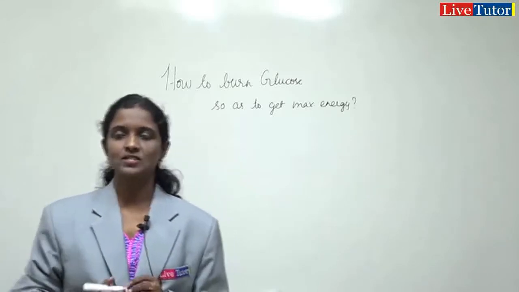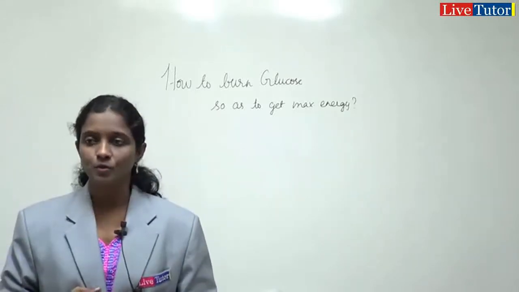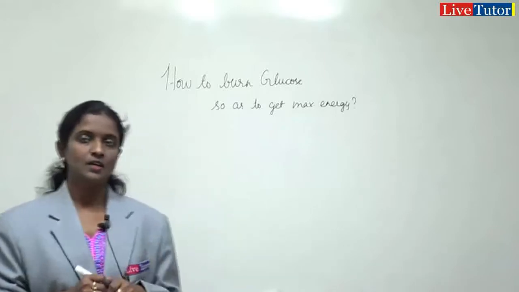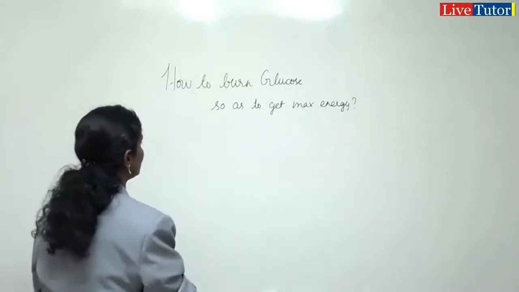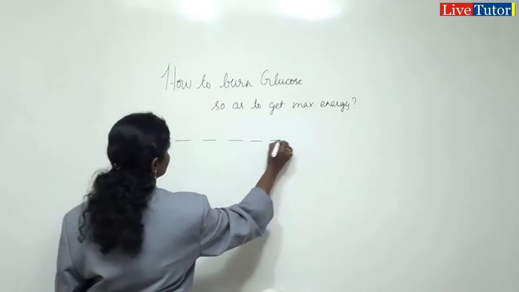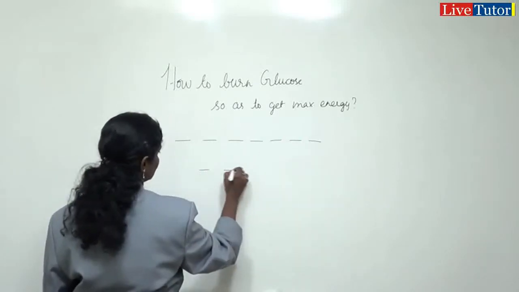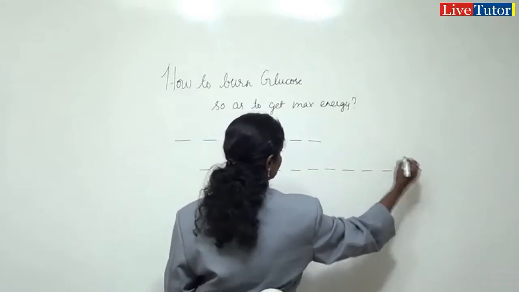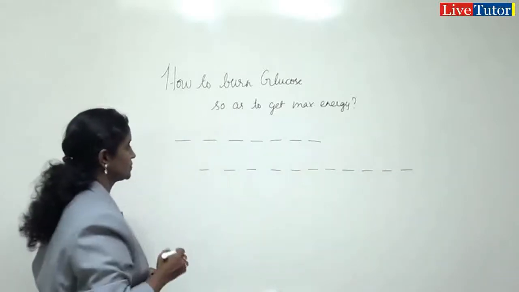How do we extract the maximum energy out of glucose? What term do we use for this? Can you give me a term that we use for this? Yes, go ahead.